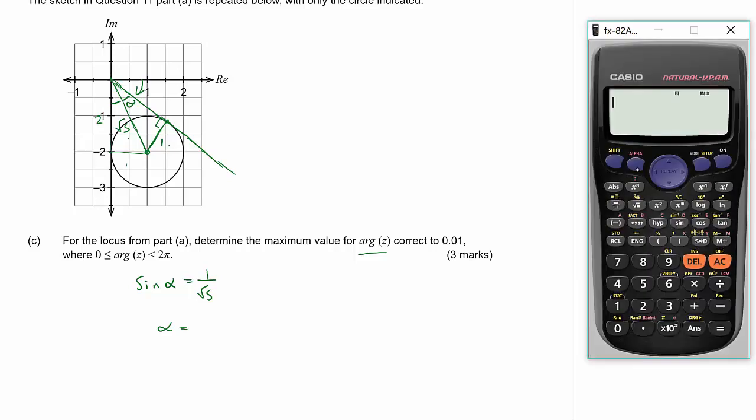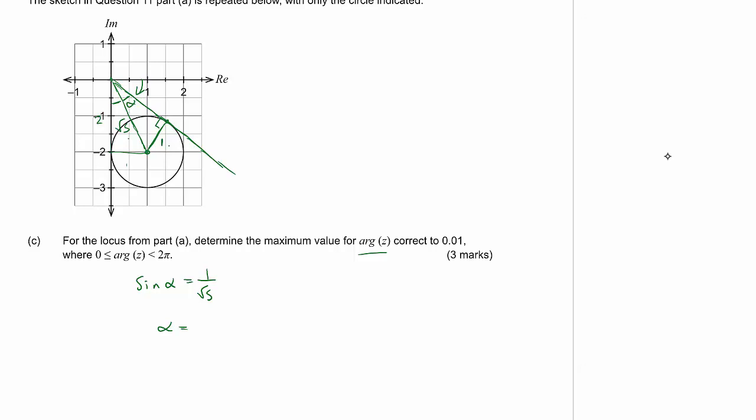So just put my calculator into radian mode, and inverse sine of, oh, I don't need a square root, 1, oh I do need a square root on the bottom, root 5. Bracket, and we get 0.4636.